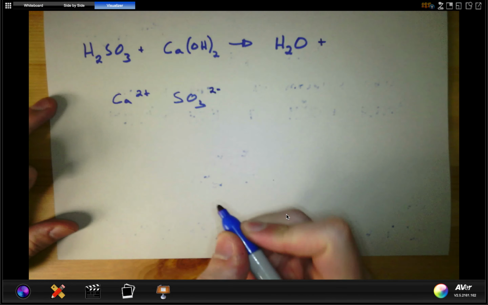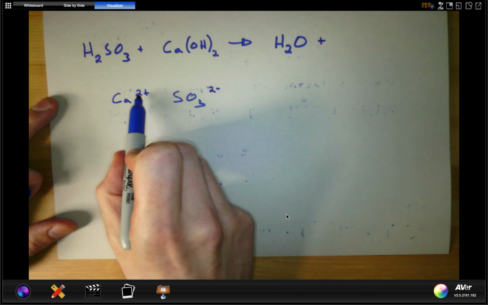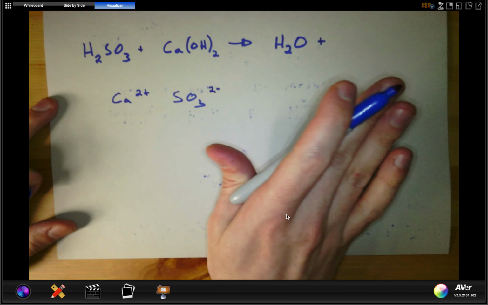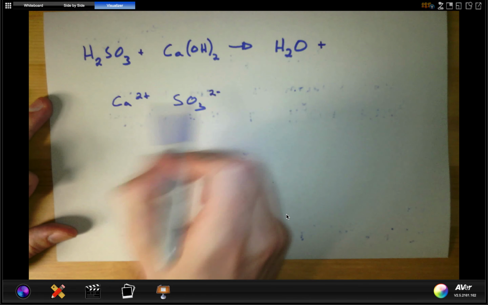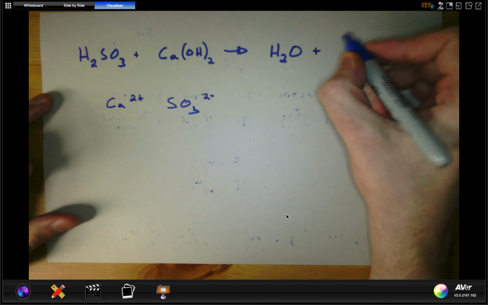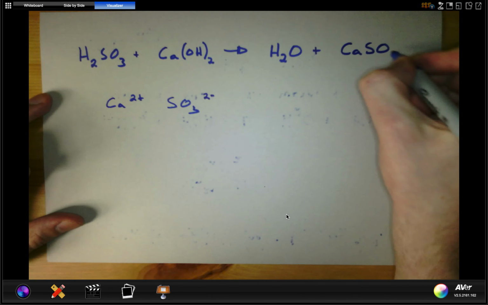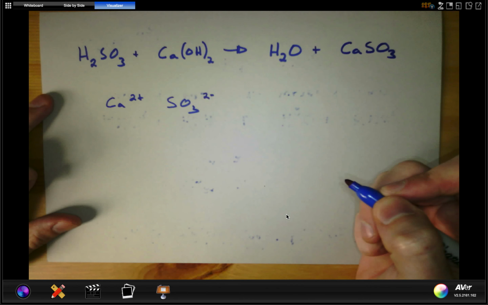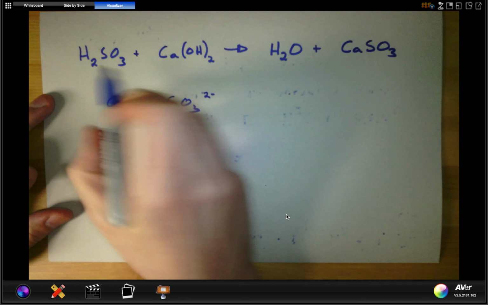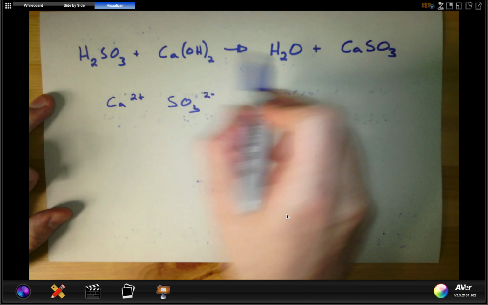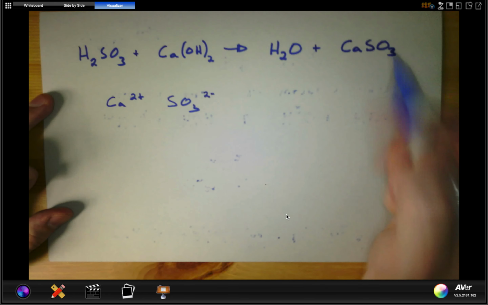This is good because 2 plus, 2 minus, it works, it's nice and balanced, so it's just going to be one of each of these, which means our salt is CaSO3. So we have sulfurous acid plus calcium hydroxide makes water and calcium sulfite.